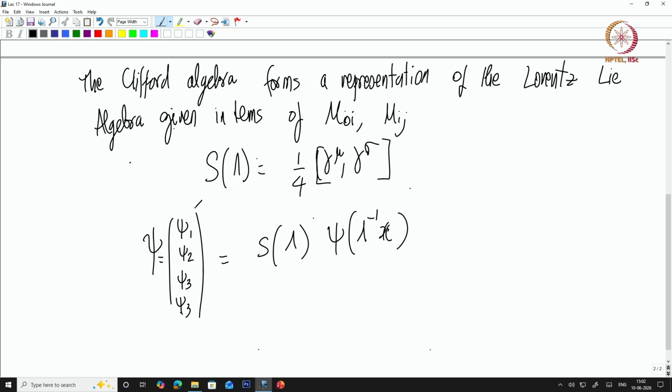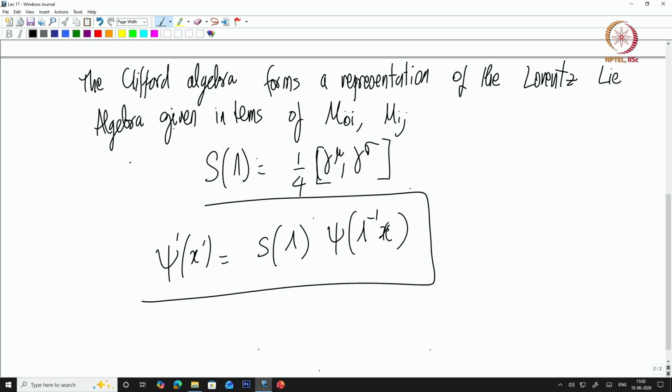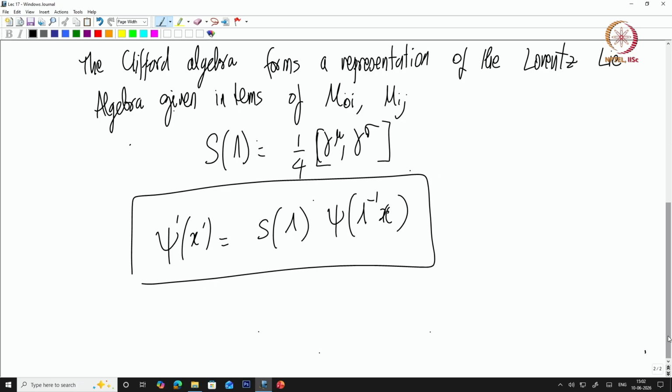So, psi prime of x is equal to S of lambda psi of lambda inverse of x. This is how a spinor transforms under Lorentz transformation.